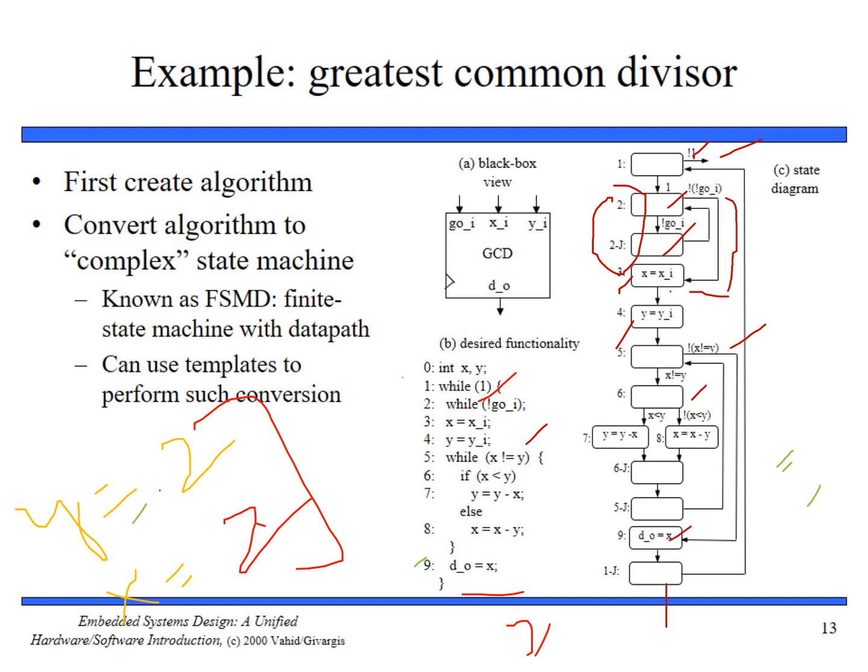Further, as I have explained to you, if x is less than y, there will be a change in y. If x is greater than y, there will be a change in x. And then we have 6 minus j.